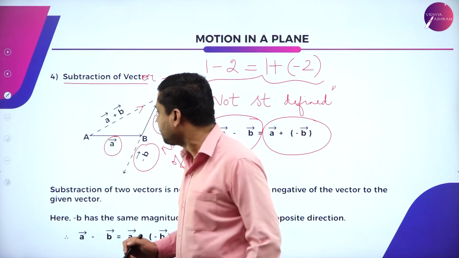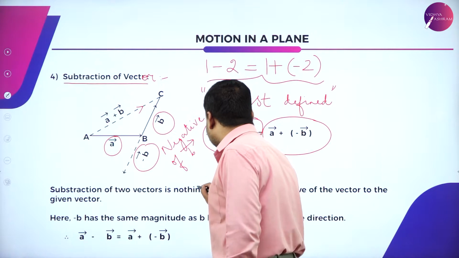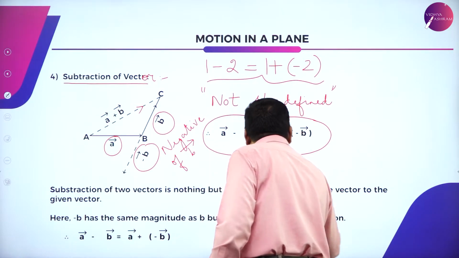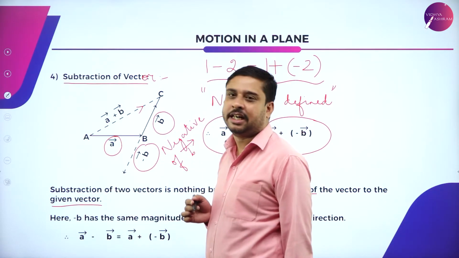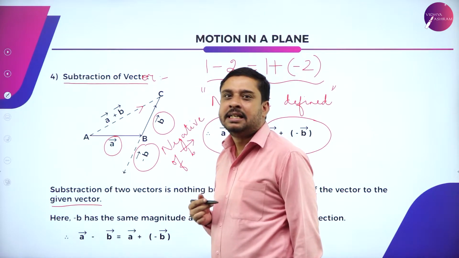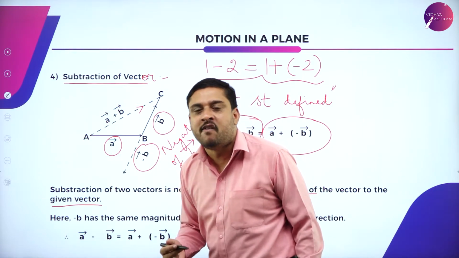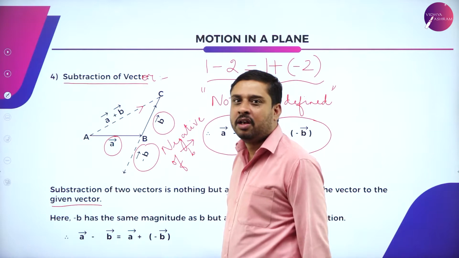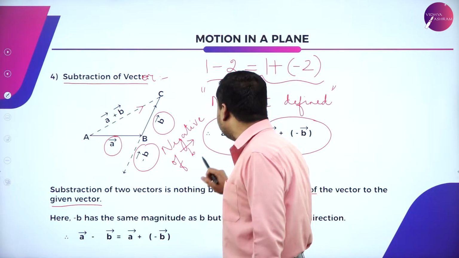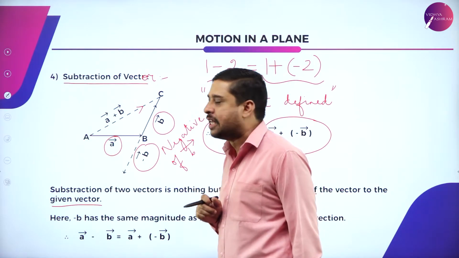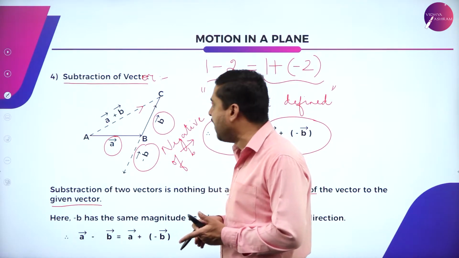Therefore, we say subtraction of two vectors is nothing but adding the negative of the vector to the given vector. So please understand, a direct definition to subtract two vectors is not possible. So the possible operation here is, I am adding the negative of the vector to the given vector. Hence, I define subtraction of a vector.